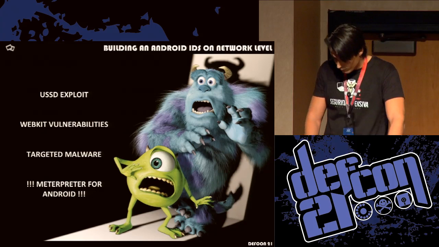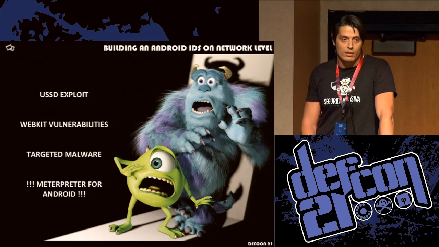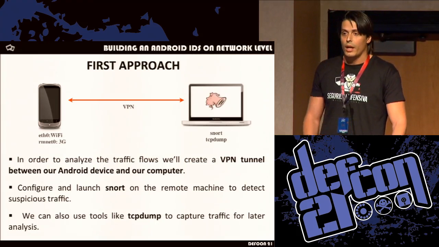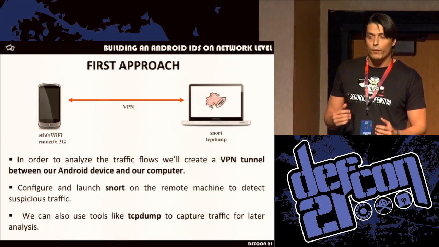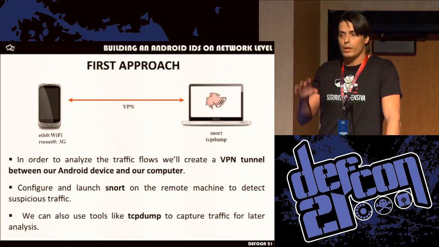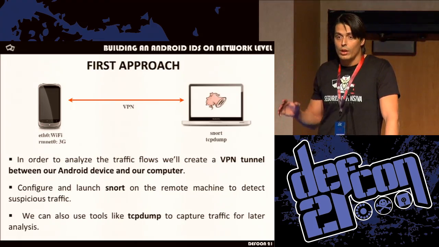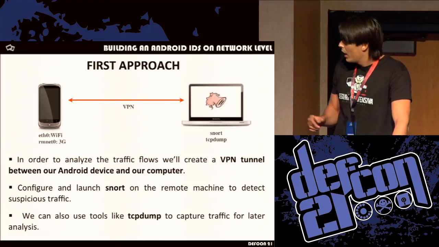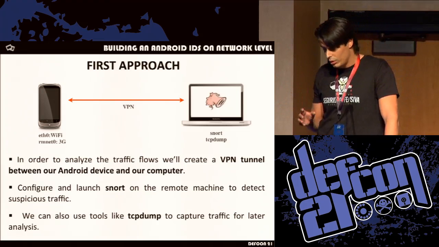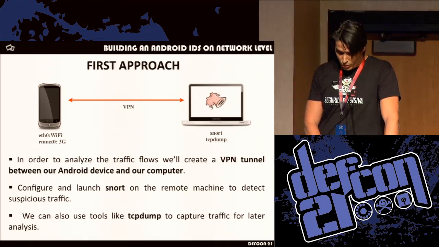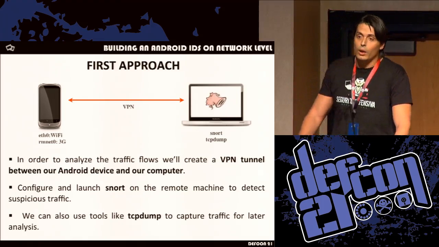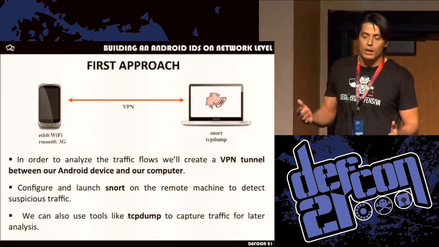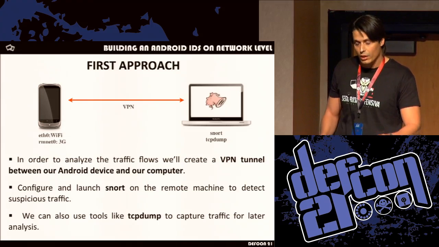I had to deal with this, so I tried my first approach to solve it. I took my Android mobile phone and made a VPN tunnel to my computer, so I could analyze all the traffic passing through my device. I launched Snort on my computer to detect suspicious traffic, and I could also use tools like tcpdump to do all the forensic analysis I could.